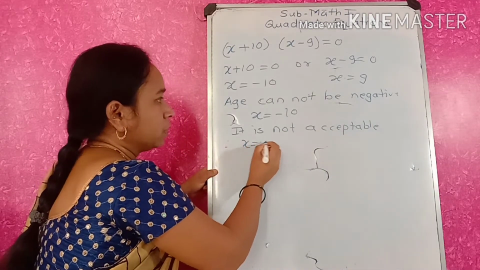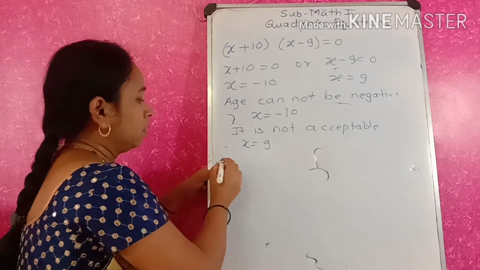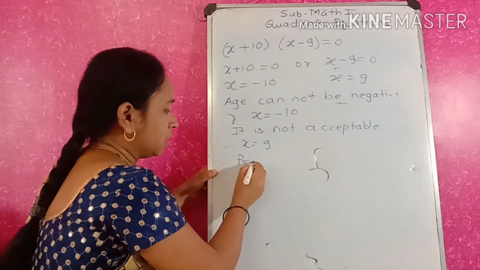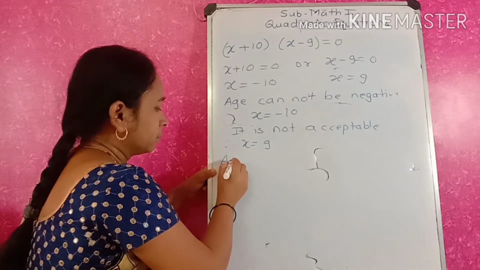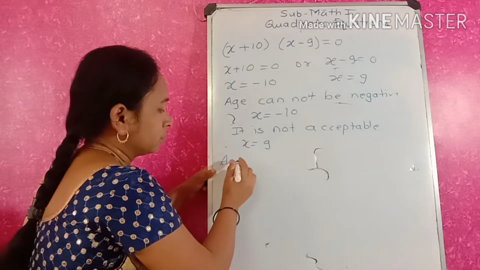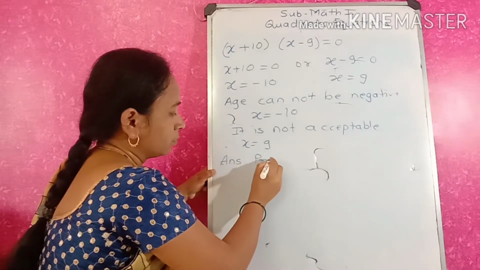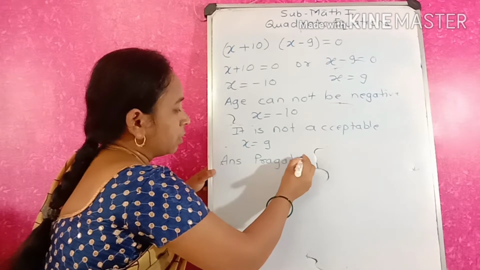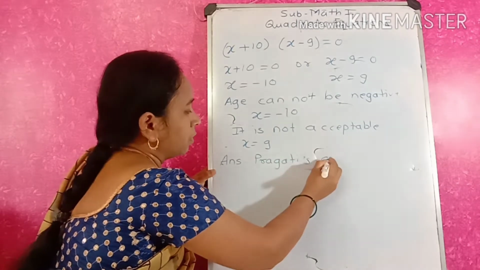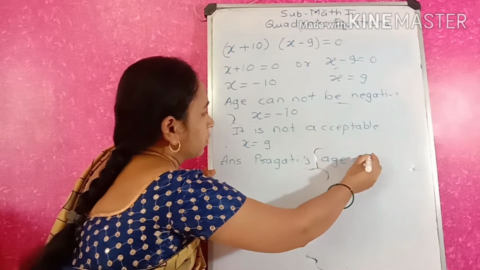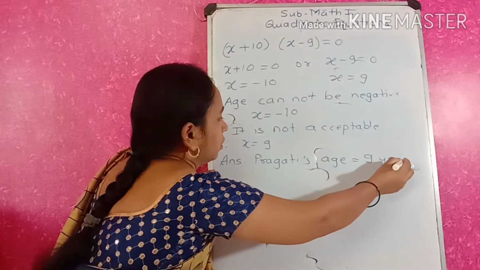Therefore x is equal to 9. So therefore Pragati's age, answer, Pragati's age is equal to 9 years.